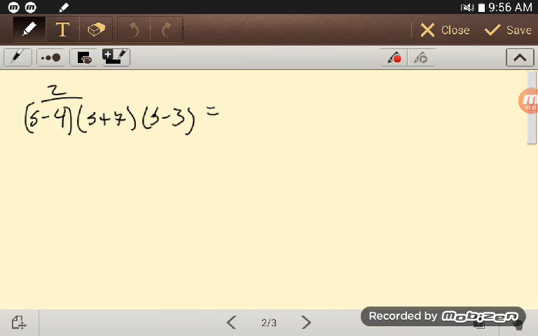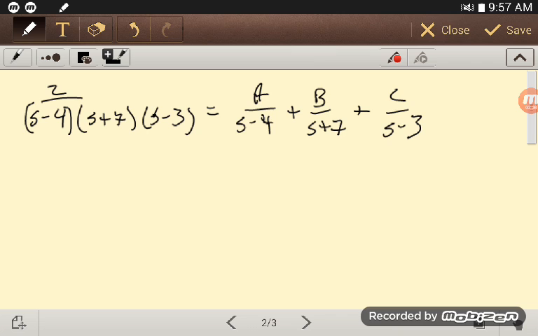And so I'll need an A over s minus 4, B over s plus 7, and C over s minus 3.